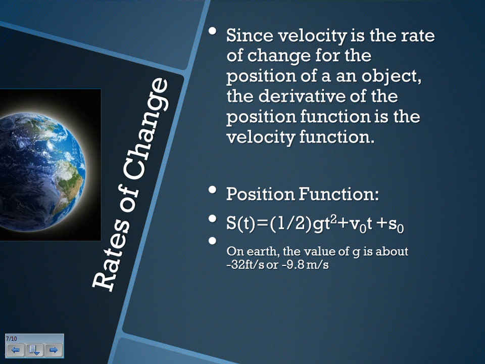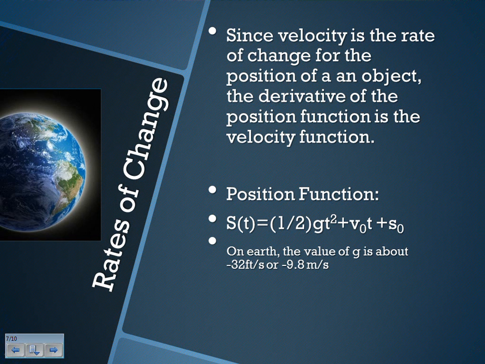A half the gravity constant, which just varies depending on where you are, times the time squared, plus v sub naught, the initial velocity, so how fast was it moving to begin with, times time, plus s sub naught, which will be your original position. How high up was it?